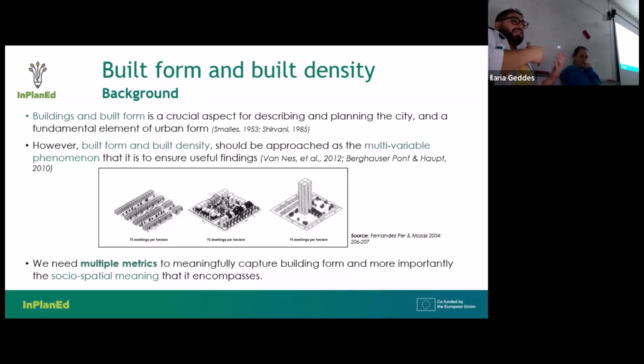However, built form and built density should not be approached as a single variable phenomenon, because as you can see by this illustrative example, the same density can mean very different things in terms of form and in terms of the image of the city. So we need multiple metrics to meaningfully capture these different typologies, and more importantly, understand the difference of spatial meaning that they encompass.